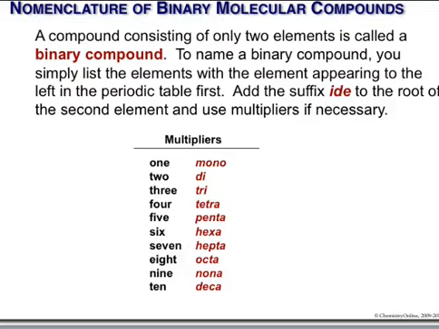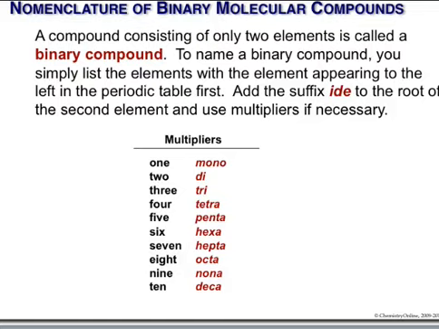Multipliers are easy. Mono, di, tri, tetra, penta, hexa, hepta, octa, nona, deca. Really, the first few are the ones that we'll see. But we all kind of know those. Just like before, we're going to name our first element in the compound. Just name the element.